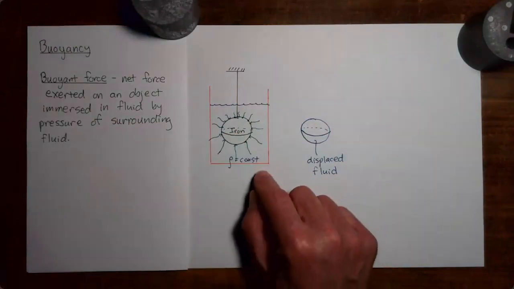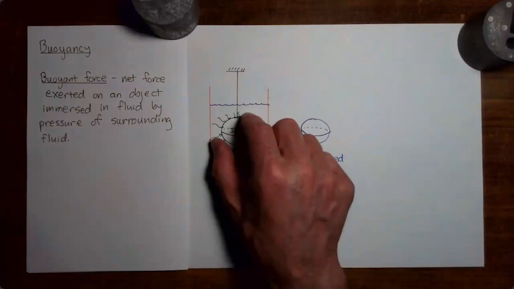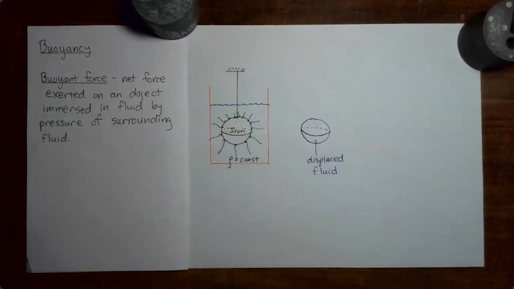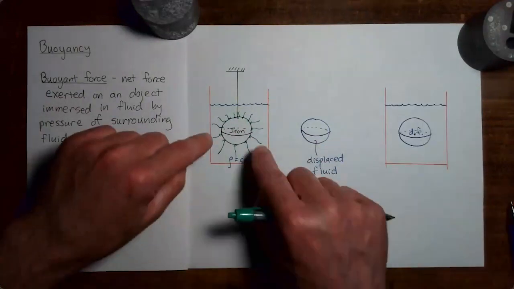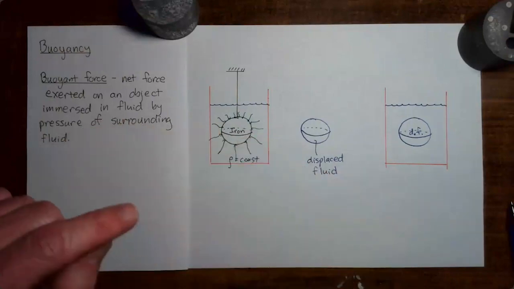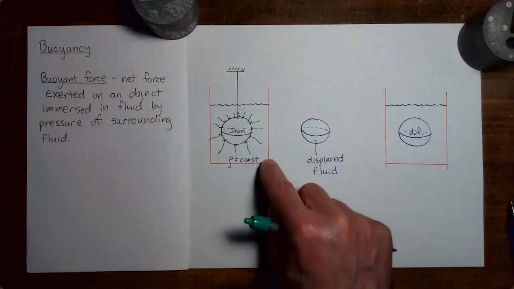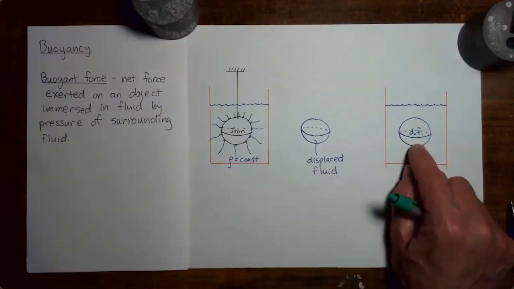So now let's draw another figure which illustrates the situation after we have taken the iron out and substituted back in the displaced fluid. Okay, in this figure, I have removed the iron and substituted with it a blob of the surrounding liquid with the exact same size and shape as the piece of iron.